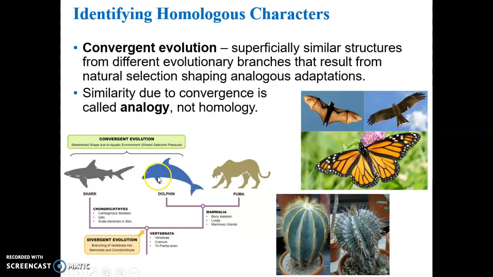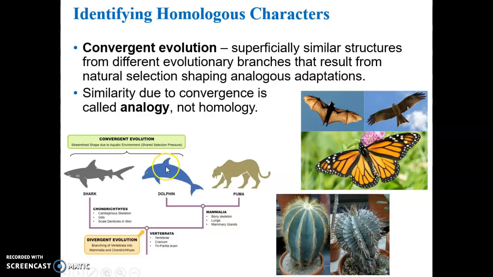If we look at a shark, a dolphin, and a puma, the dolphin is actually much more closely related to the puma than it is to a shark. Dolphins and pumas are both mammals. A shark is a fish. So they are all vertebrates, but their evolutionary relationships, a dolphin and a shark, are very distant. The reason they're both very streamlined in their shapes and have fins and tail fins is due to convergent evolution.